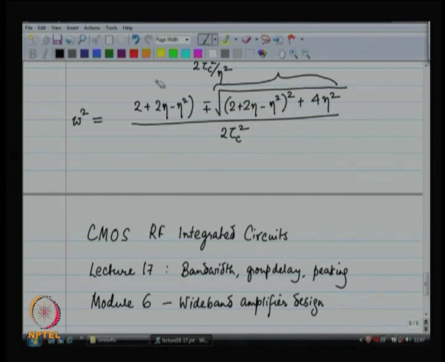Which means that the minus result will give you a negative value.